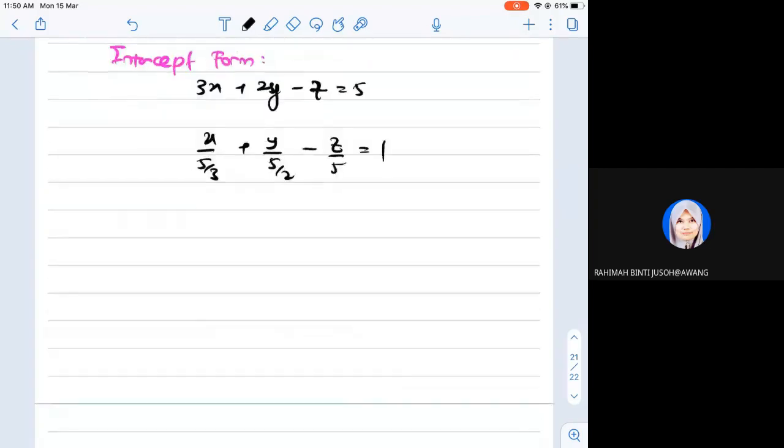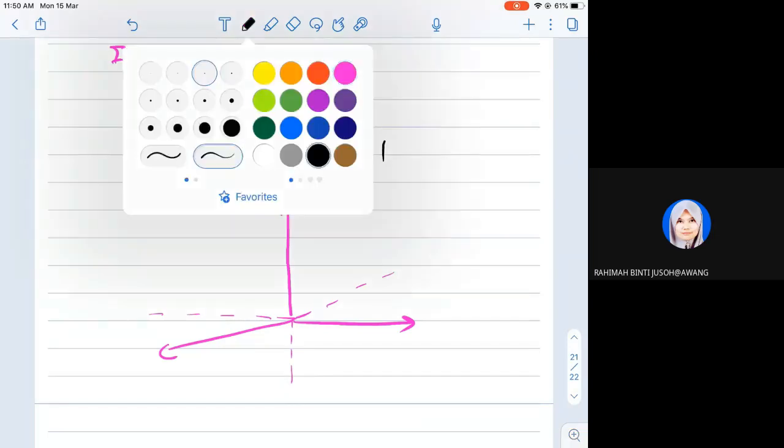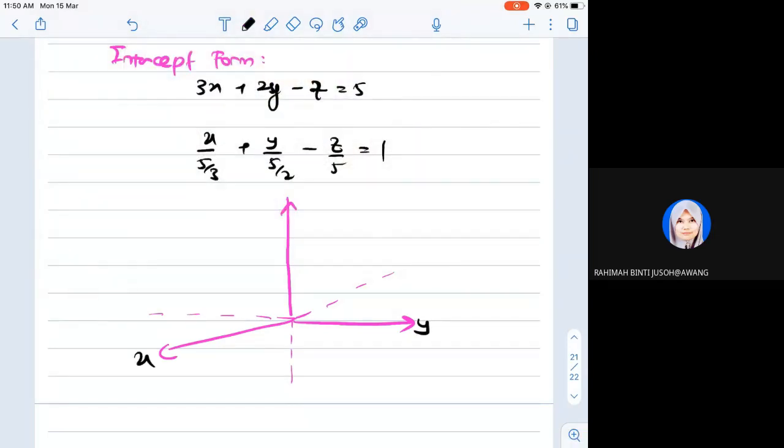So kalau you plotkan all these coordinates, x, y, and z. X adalah 5 over 3. Let's say here 5 over 3.